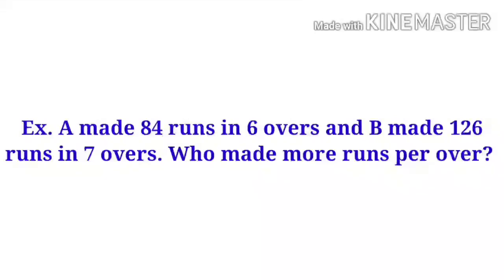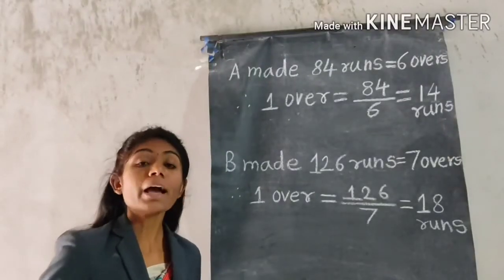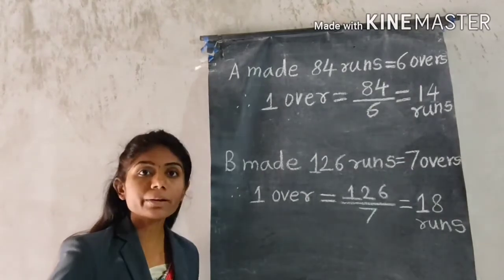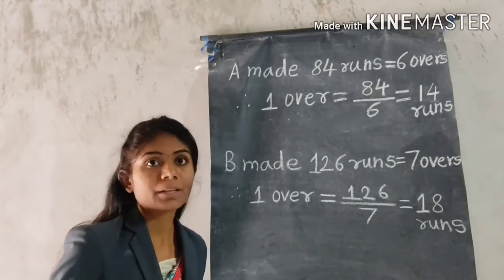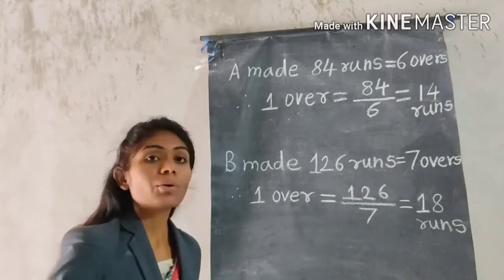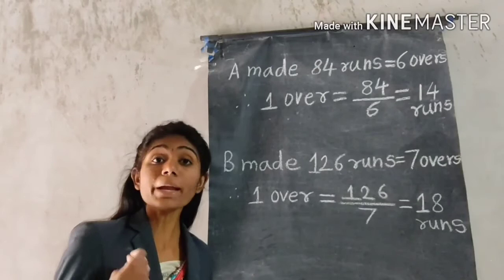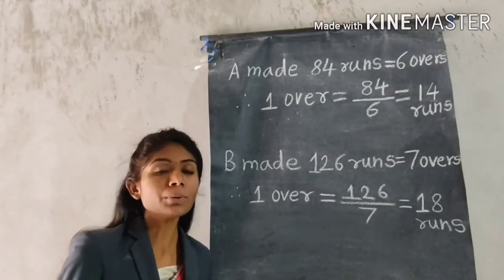The next example is: A made 84 runs in 6 overs and B made 126 runs in 7 overs. Who made more runs per over? Let's solve it. So who made more runs is what we want to find.